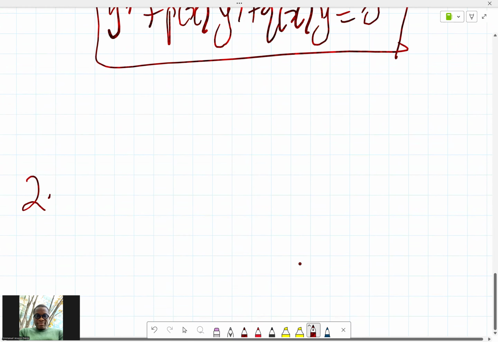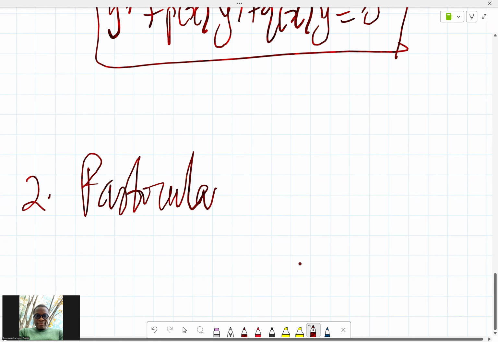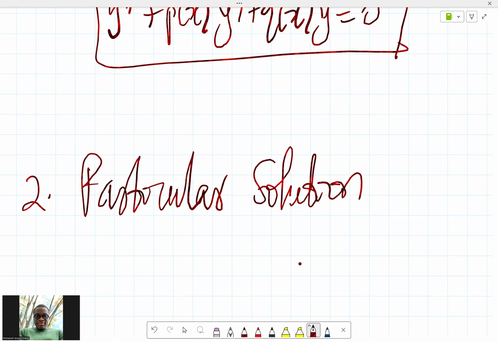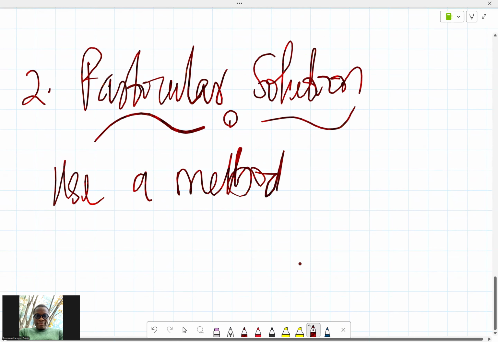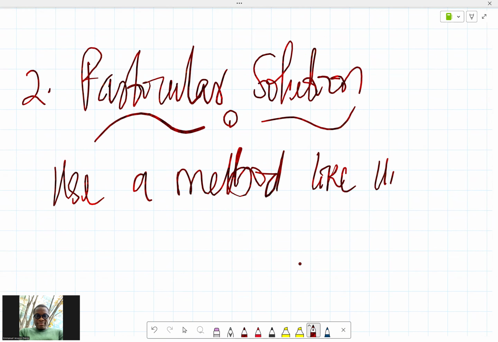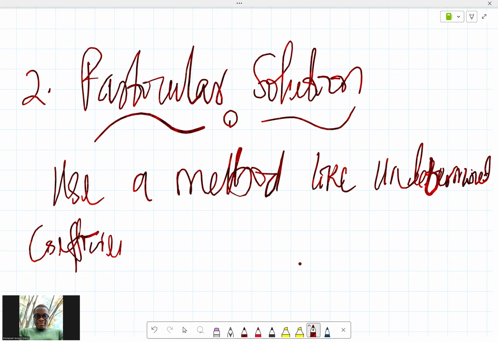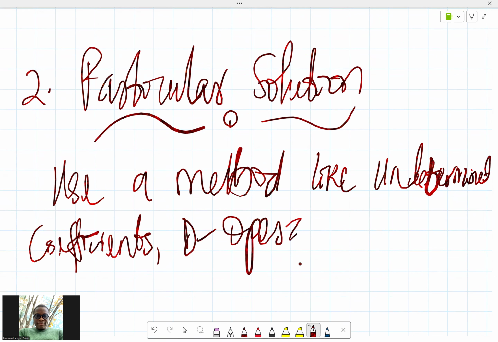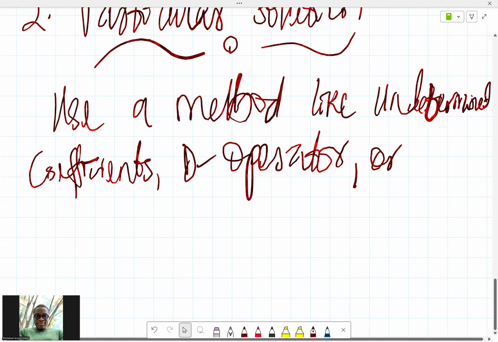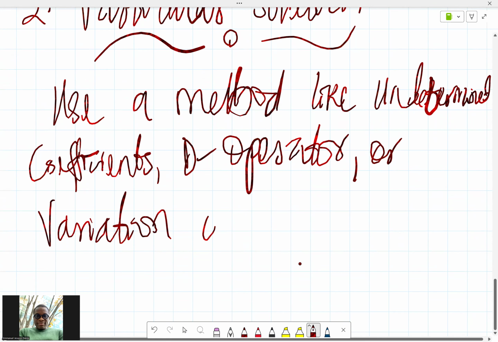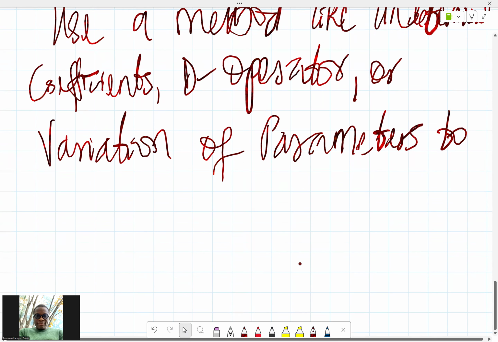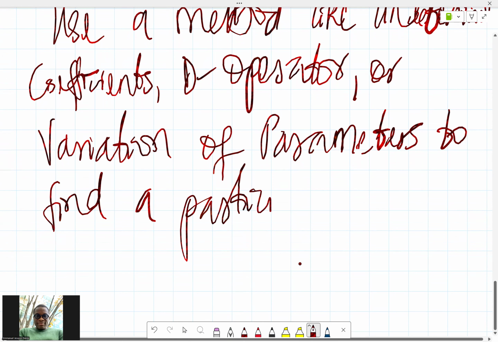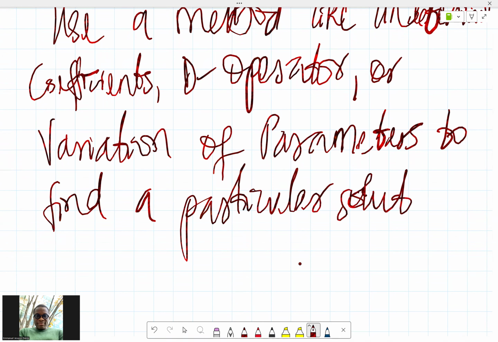Then the second part is the particular solution. For the particular solution, you can use a method like undetermined coefficients, the operator method, or variation of parameters, to find a particular solution.